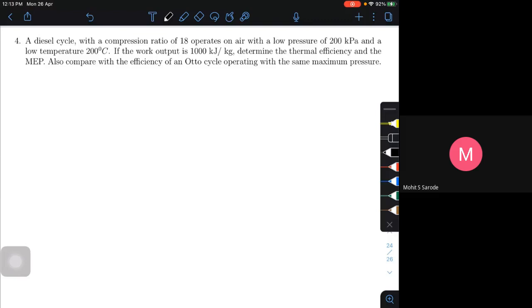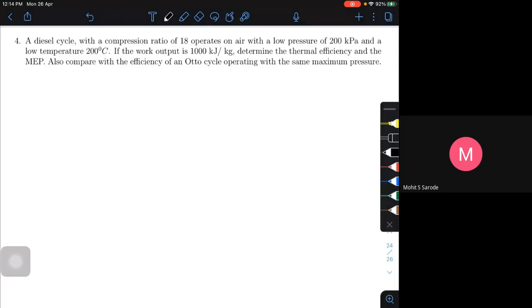Okay, fine. So one problem on diesel cycle, one problem on dual combustion cycle, let me solve. The problem statement is something like this: a diesel cycle with a compression ratio of 18 operates on air with a low pressure of 200 kilopascals and a low temperature of 200 degrees Celsius.